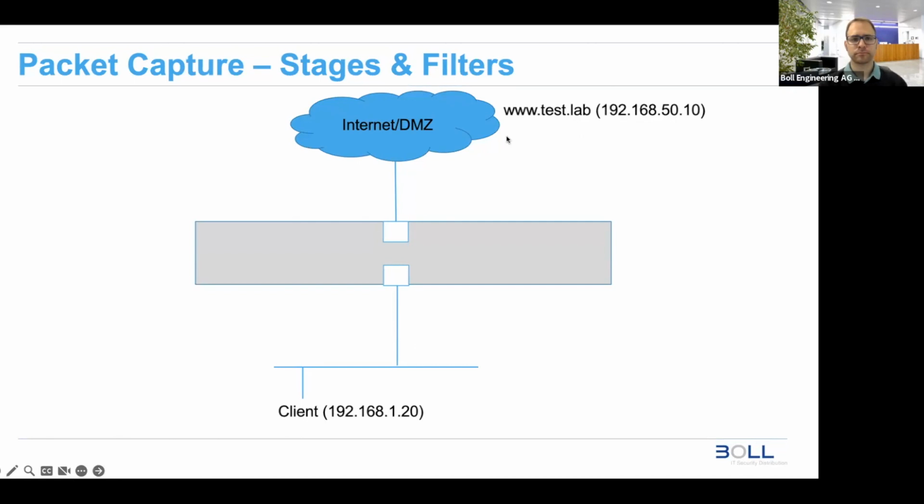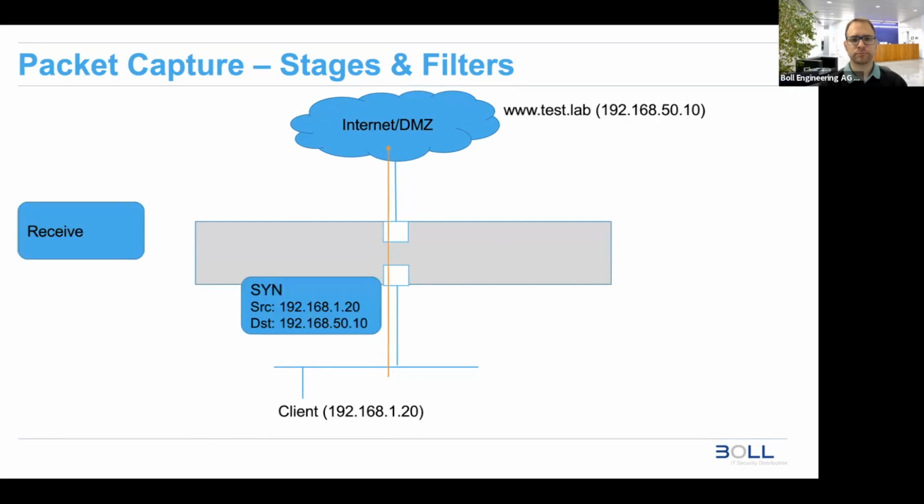What is happening is, of course, the first packet, a SYN packet, arrives at the firewall with the normal IP addresses, the source IP and the destination IP. If you capture on the receive stage, you will see this packet on this receiving interface.